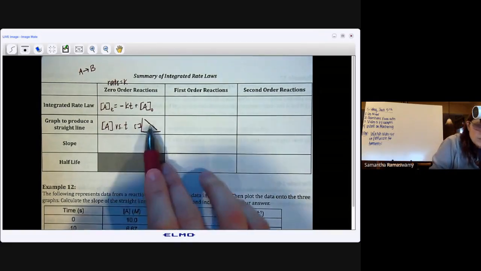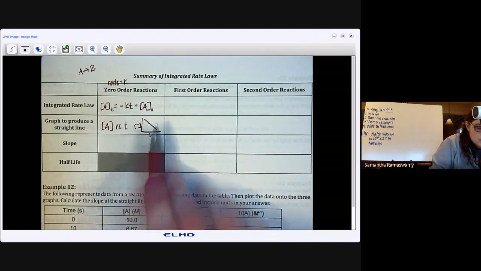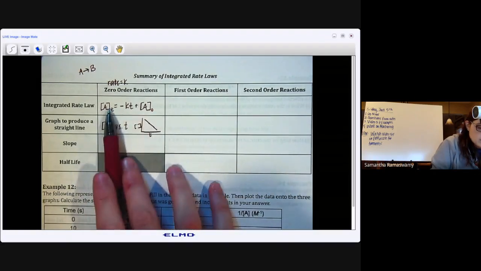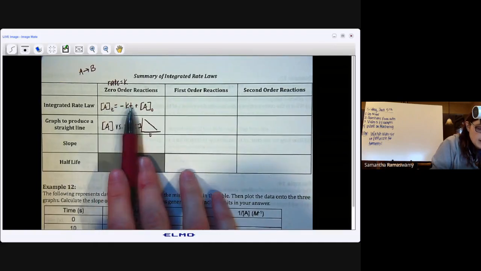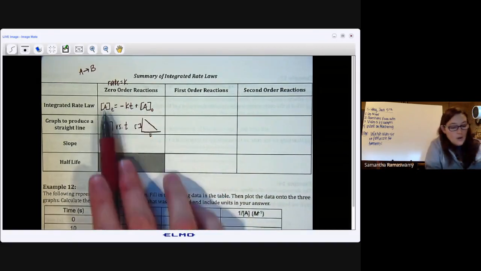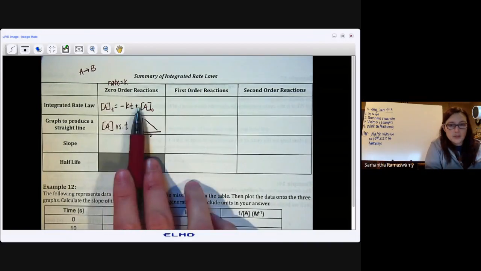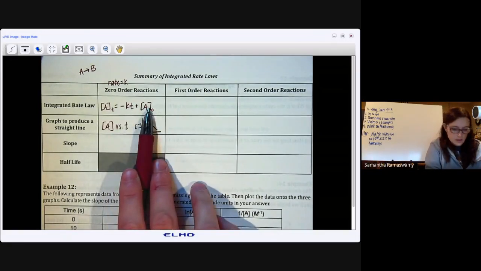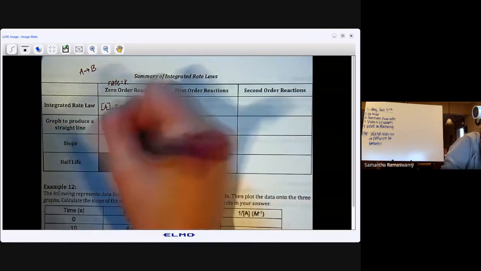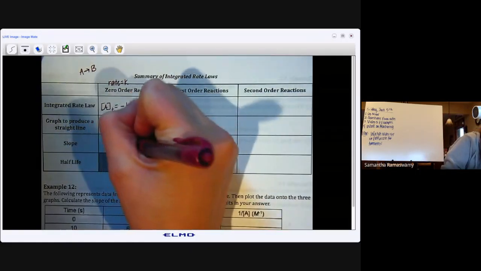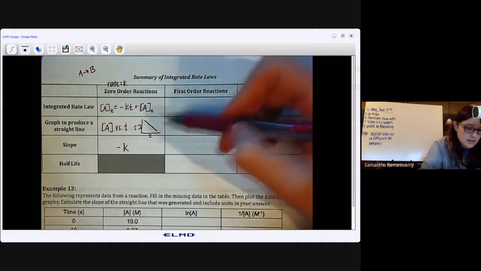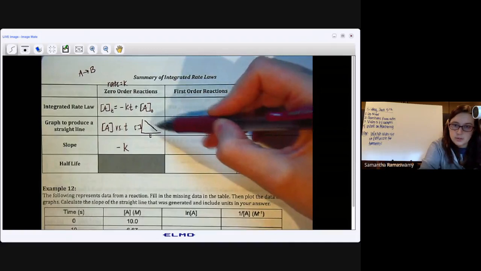The slope of this line: the reason I wrote the integrated rate law like this is because it looks like y equals mx plus b. Again, y equals mx plus b. Well, m is the slope. The slope equals negative k, because this line has a negative slope.